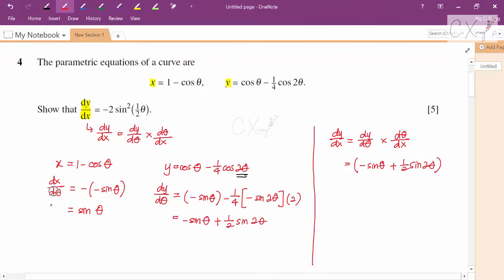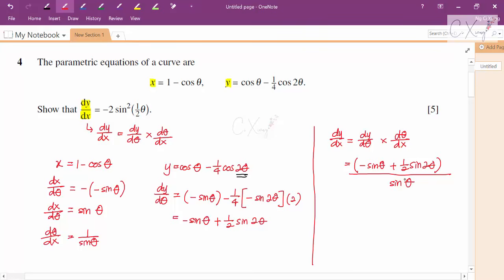We have dx d theta as sine theta. Therefore, if I want to get d theta over dx, you have to make the whole thing upside down, so I'm having 1 over sine theta. Which means that if I multiply it together with d theta dx, you can divide it by sine theta here.